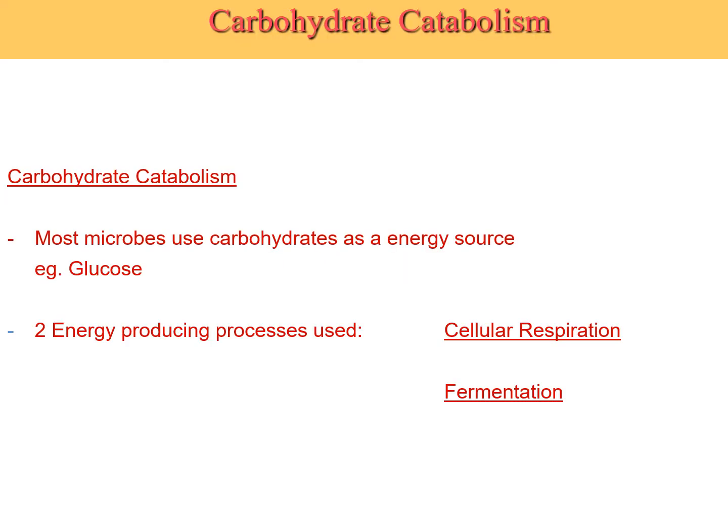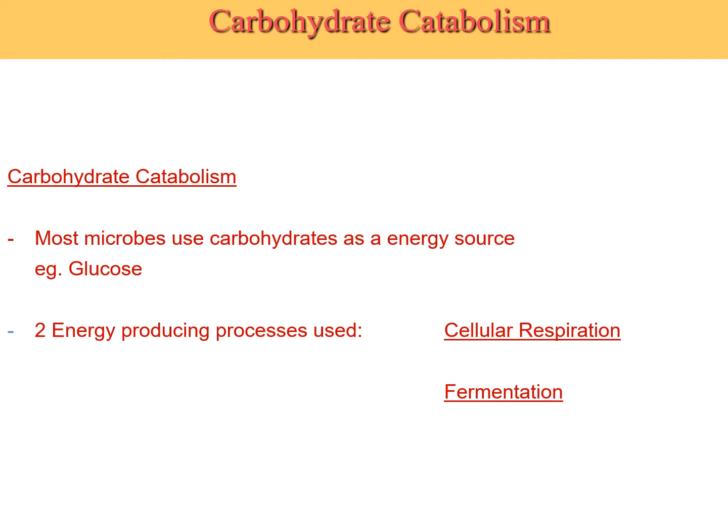Okay, first of all, most microbes use carbohydrates as an energy source. For example, glucose. It could be some other carbohydrate, but most of them use carbohydrates like glucose to generate energy.